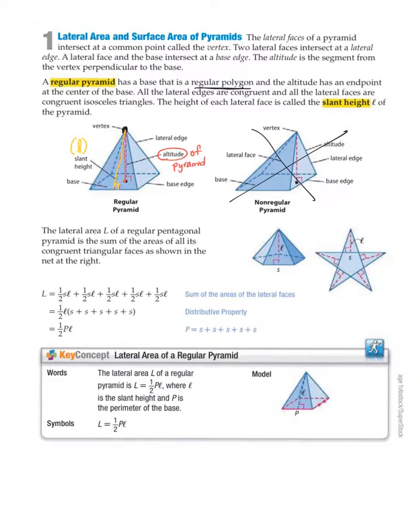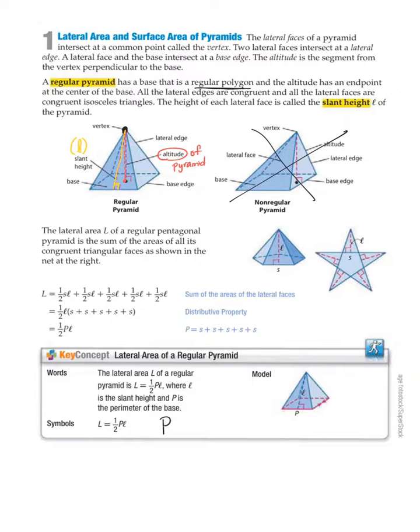Okay, so watch that very carefully. We need to know that because look at our formula for our pyramid. Our lateral area for a regular pyramid is 1/2 the perimeter of the base times the slant height of the pyramid.